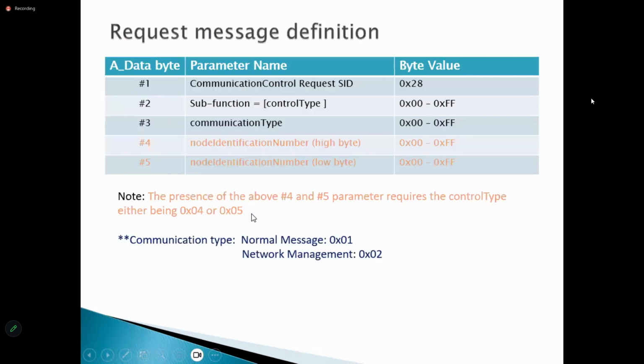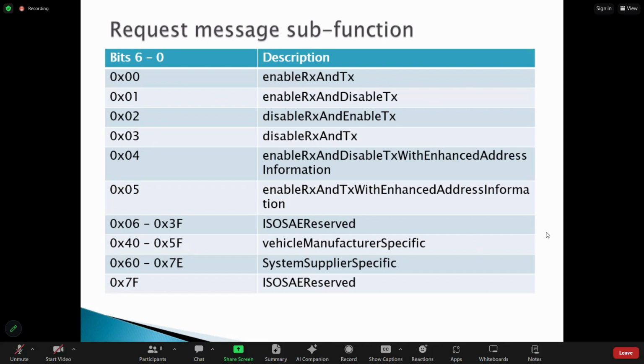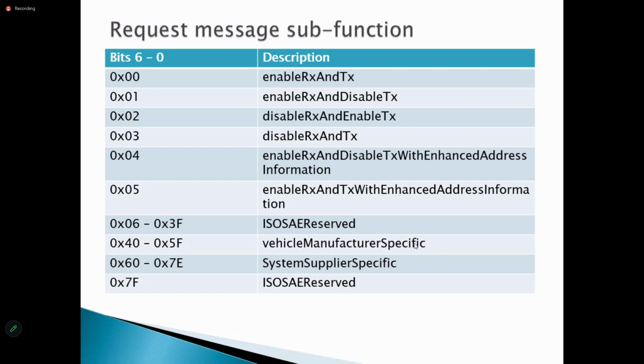System supplier is specific. Understood, guys? Sir, where do we have to use 04 and 05? This is used for enable Rx and disable Tx with enhanced address information.